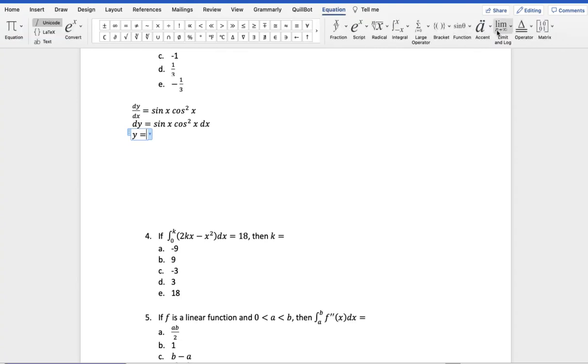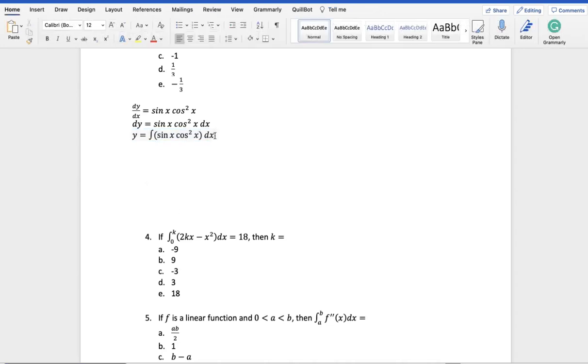Right, so you're given dy, you're given the derivative of a function. To find what that function is, you just have to integrate it. Integrate its derivative. So you just integrate sine x cos squared x dx. And in your opinion, how do we solve this integral?